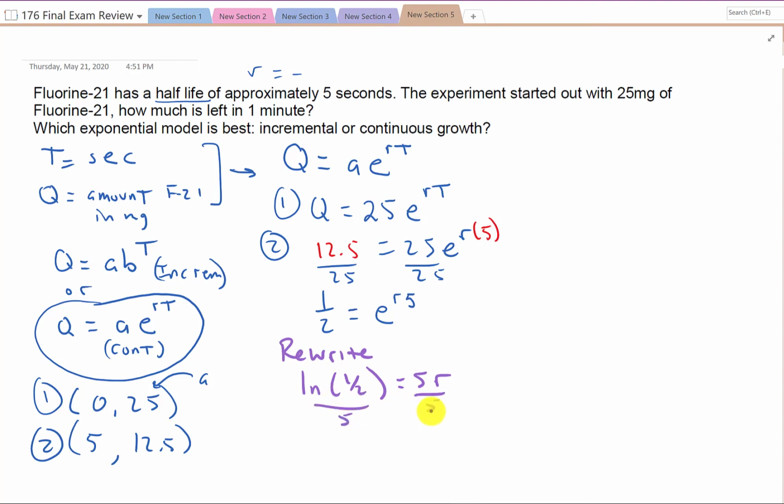That's easy to solve. The 5's cancel, so r equals natural log of 1/2 divided by 5, and we're going to get a decimal for this here.